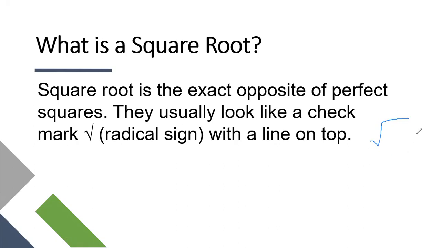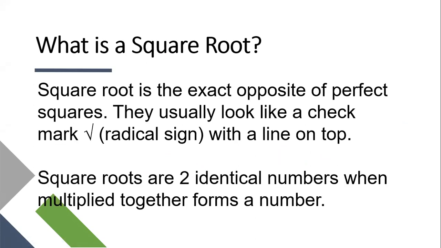You will be encountering this, and you call that a radical sign, but you read it as square root. Some of you may have encountered, for example, what is the square root of 36? If you have the radical sign with a number inside, like the square root of 81, these are the things that you may be encountering soon, and you will be solving for those square roots.